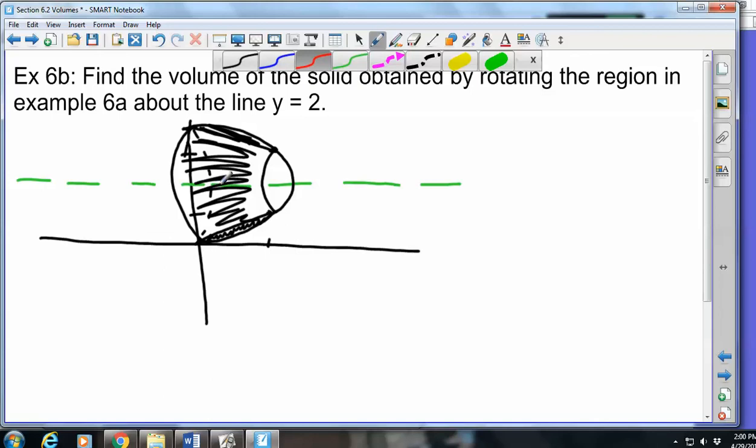So from the line where we are centered around, which one is the outside function? The outside function is your parabola, right? Okay, so let's just talk about that for a second.